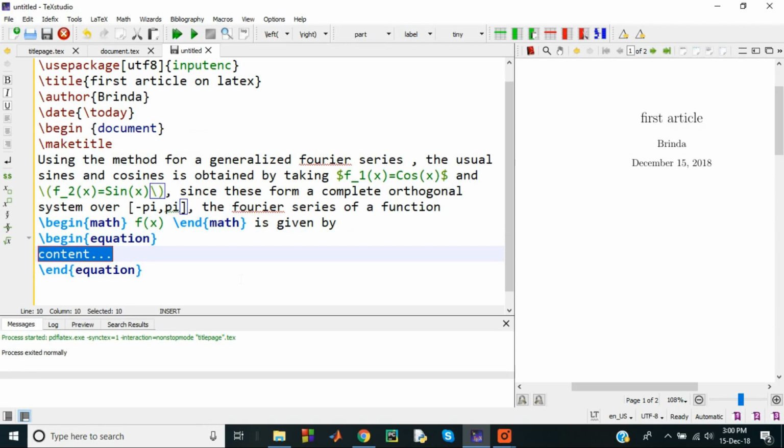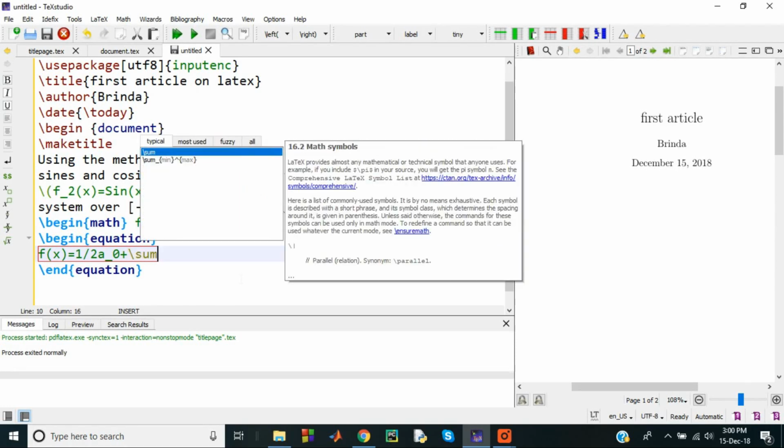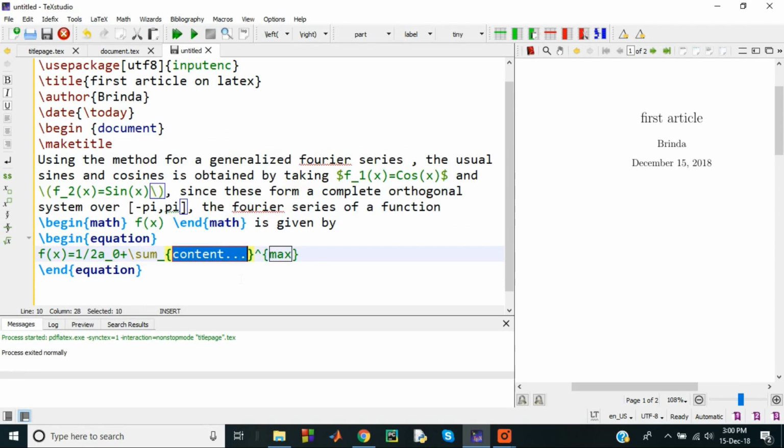And we need to display f of x is equal to half of a naught, half of a subscript 0, plus summation a n cos nx from n equal to 1 to infinity.